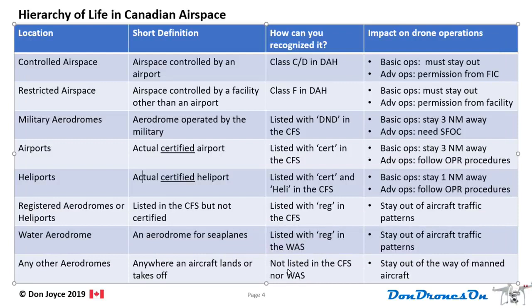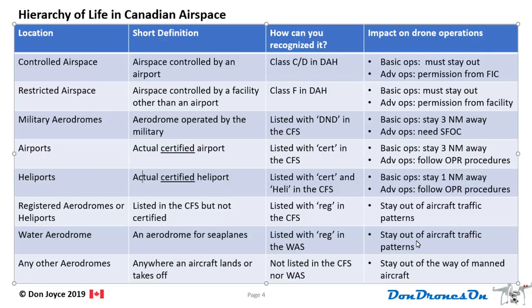But you do not have to stay away from them like the 3 nautical mile thing of regular airports. All you have to do from the new drone regulations is to stay out of the way of manned aircraft. Now, that rule applies in all of these cases, in addition to the more detailed information I've listed here.